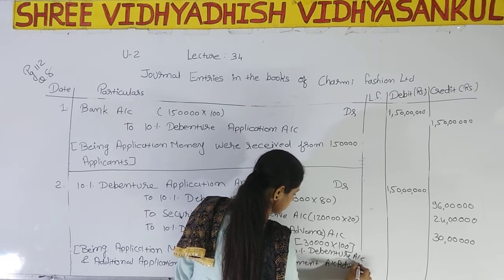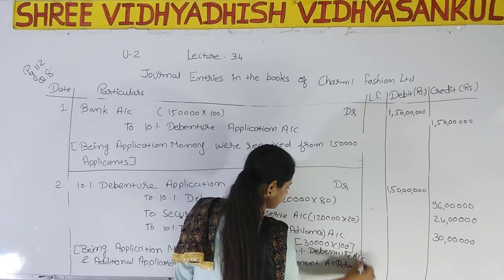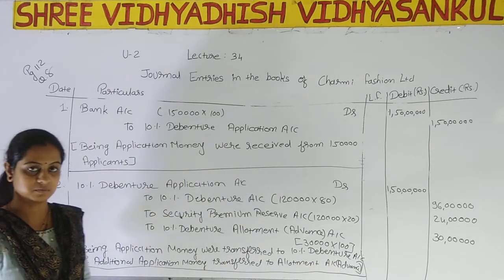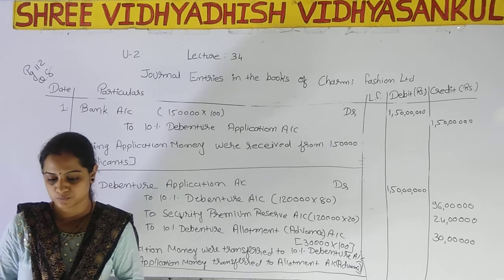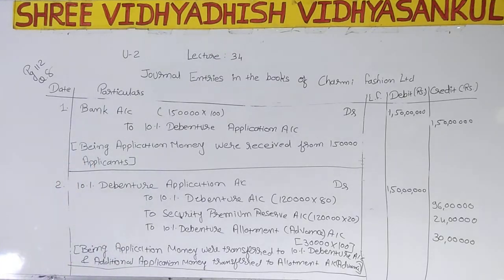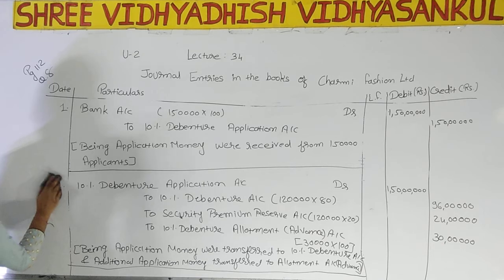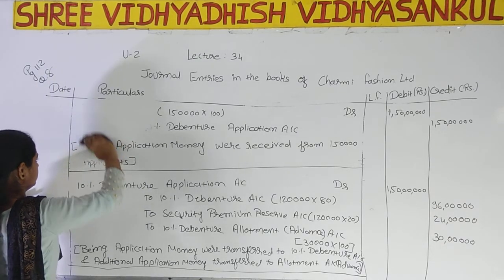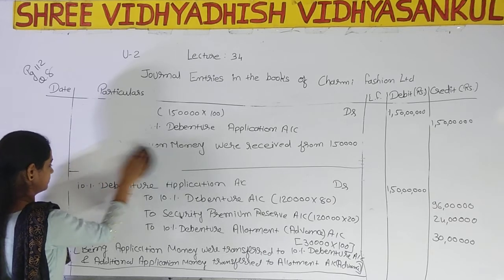Bracket over, underline, leave one line then next. But before discussing next, write down this too. Next will be for allotment.